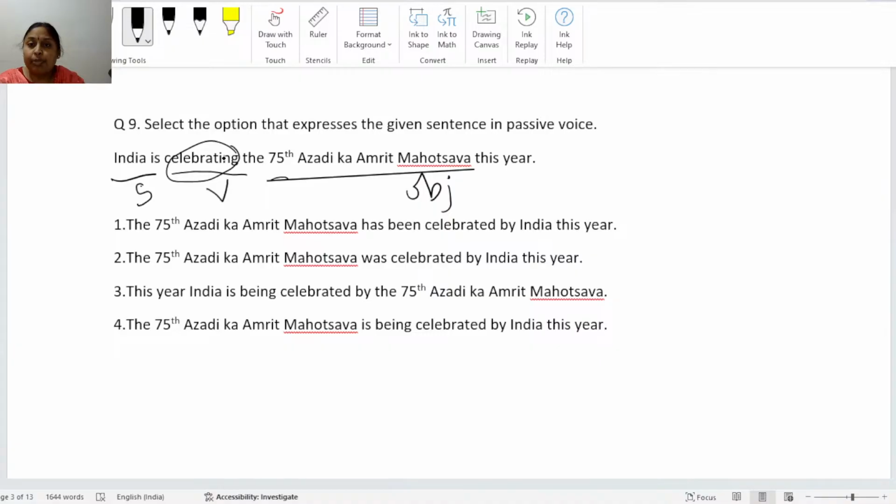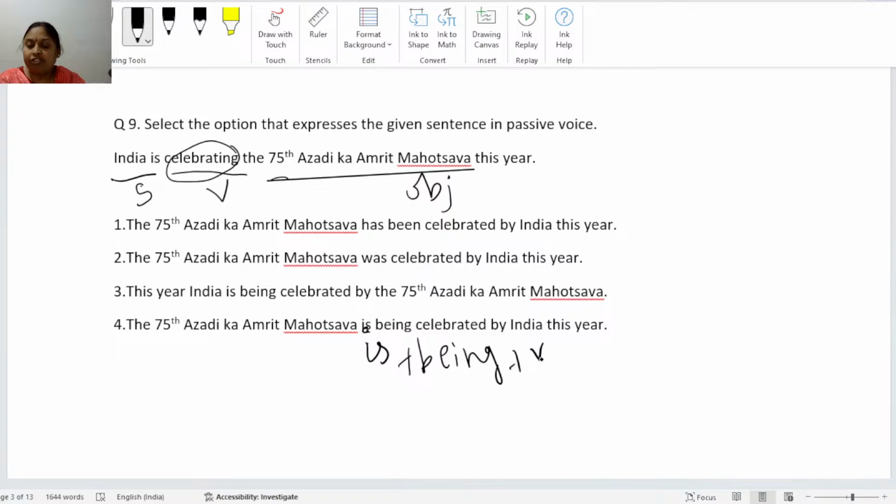But when it comes to the passive voice, they are asking in the passive voice, which means it is supposed to be present continuous tense. So here it will be changed to is plus being plus verb.